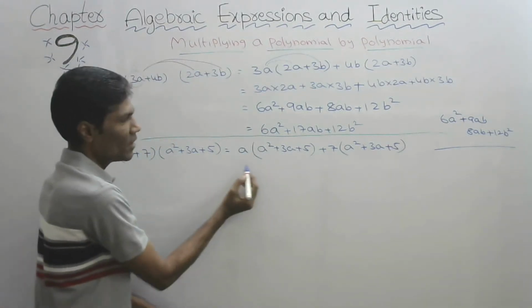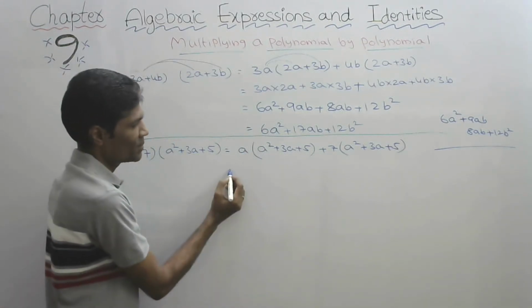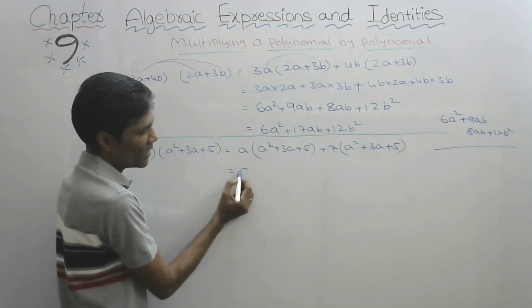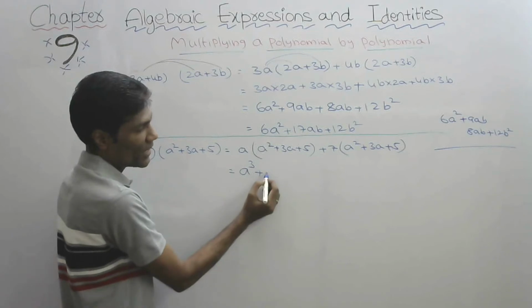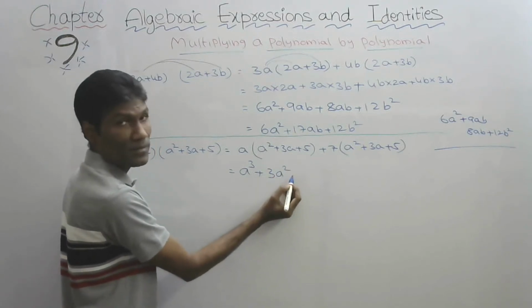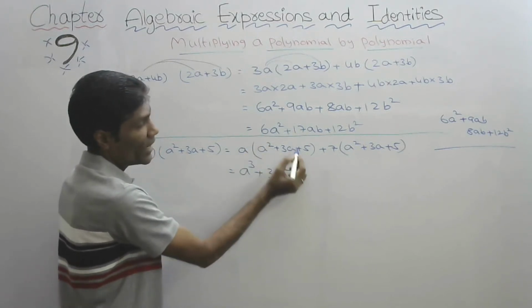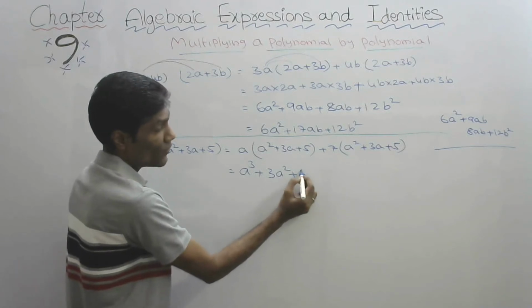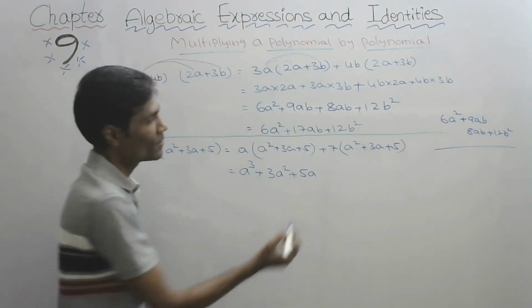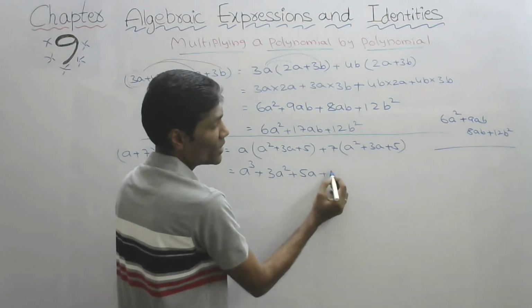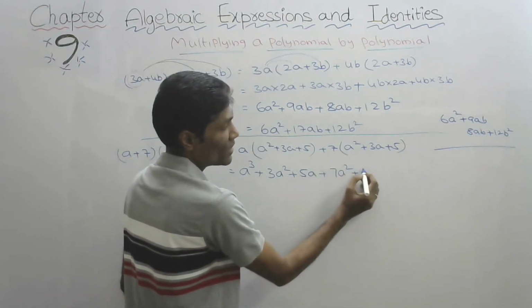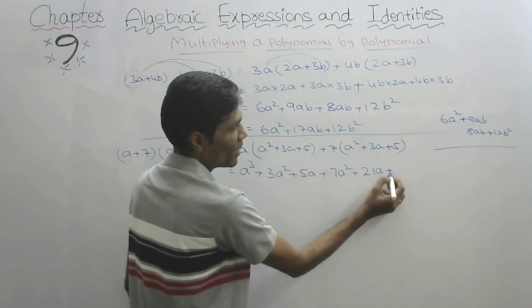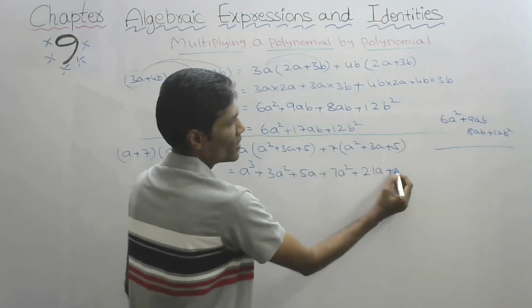Now we will do the simplification. A into a square, a cube, plus a into 3a, 3a square. So a into 5, 5a, plus 7 into a square, 7a square, 7 into 3a, 7 3s are 21, 21a, plus 7 into 5, 7 5s are 35.